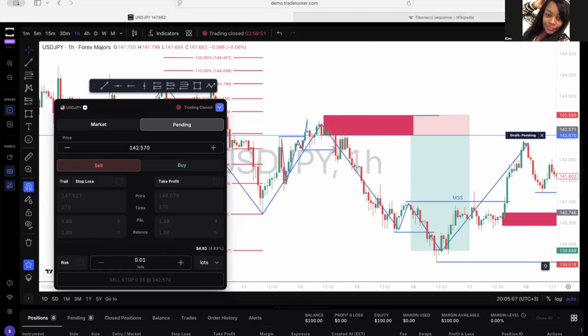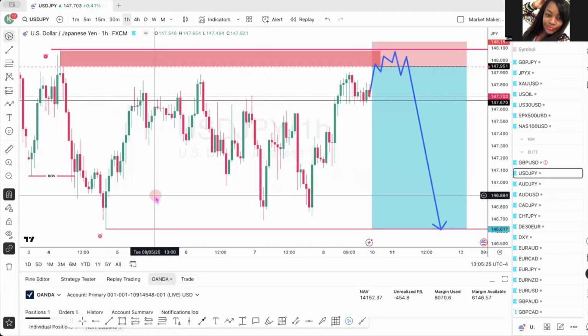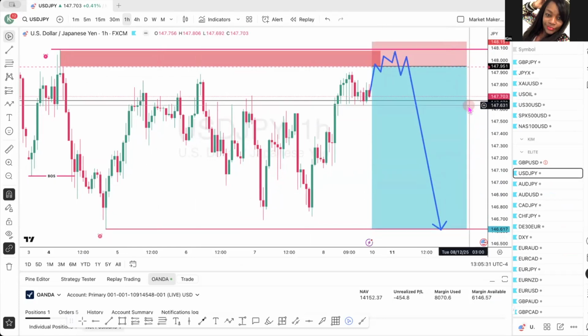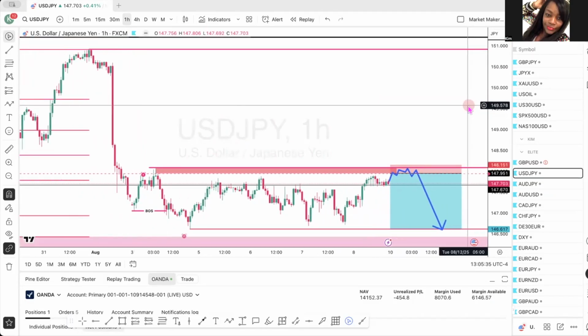Okay, so let me share. Hold on a second, y'all. I am going to share my TradingView. I just logged into my Oanda. Now if you're able to log into TradingView with your broker, you just do it the same.